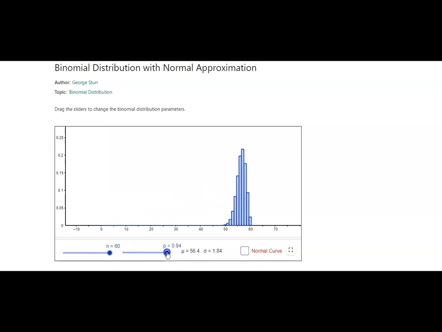Moving along to the other side, again we've got this huge cliff here. So just playing around with the p-value, the probability of success, you can see that we lose the ability to approximate this at extreme values. Now I'm going to move the number of trials.